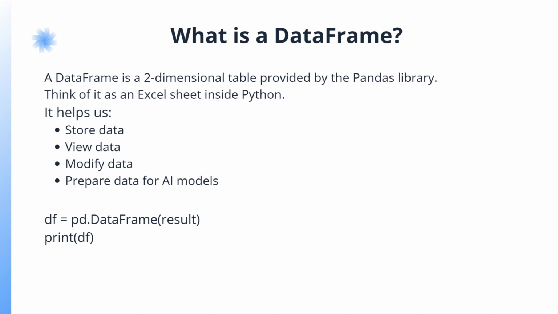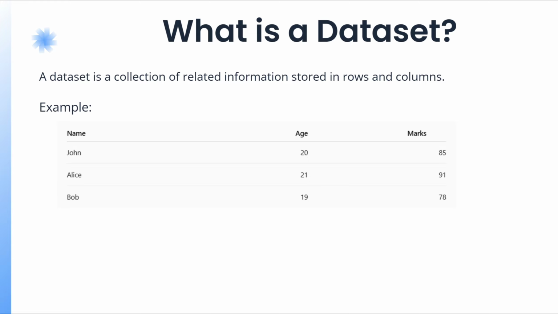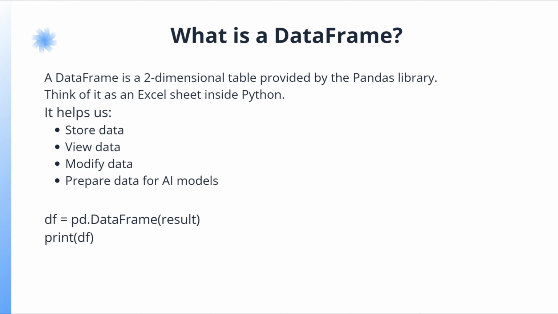You have seen an Excel sheet in which the data is stored in the form of tables. It helps to store data, view data, modify data, and prepare data for the AI models. Here I have taken only 3 rows, but in real time a company has thousands or 1 lakh lines of table contents, right?